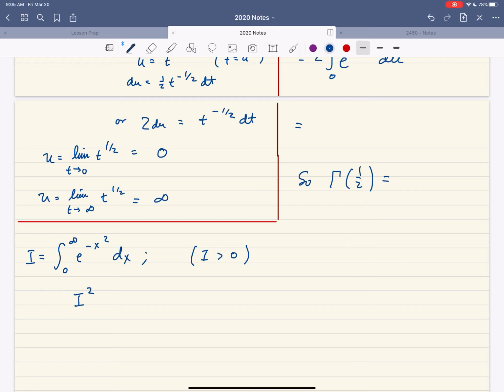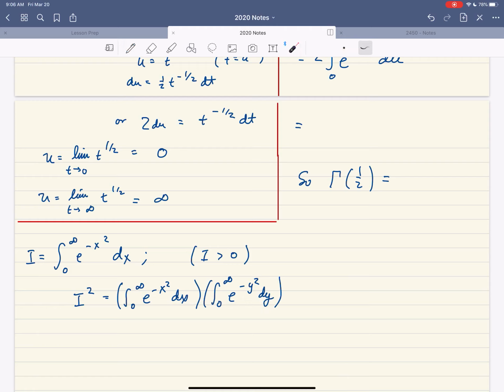It turns out I squared is much easier to evaluate than I. So for I squared, this is going to be a little bit silly, but I'm going to write this as the integral of e to the negative x squared dx times the integral from 0 to infinity of e to the negative y squared dy.